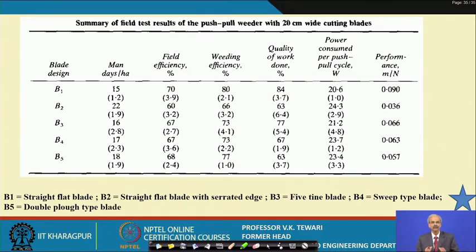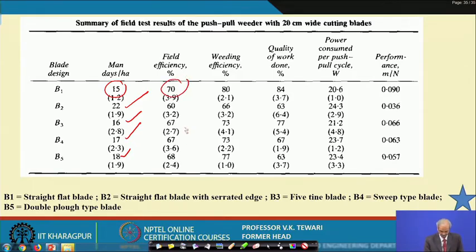So, although in a given condition we find that B1 is better, see for all these parameters: man days per hectare 15 here, 22 here, 16, 17, 18 here, then field efficiency is higher here and all the others are lesser than this.